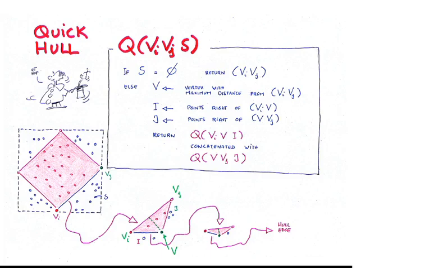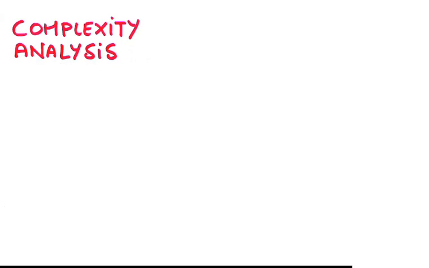So the idea is that you have a large number of points, you divide the job in two subparts, and you apply a recursive algorithm. It's a nice algorithm, it's not difficult to implement, and it looks really funny. So now I want to do the complexity analysis.